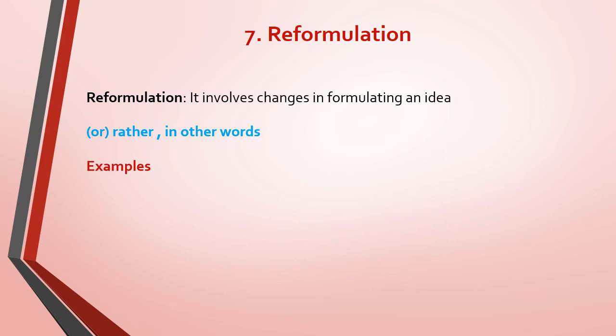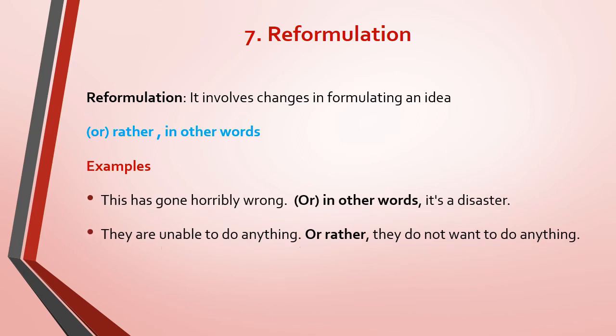Here are some examples. This has gone horribly wrong. Or in other words, it's a disaster. Here the writer means, or it's better to say, it's a disaster. Or using other words, it's a disaster, but the expressions that I have used are not conjuncts. The known conjuncts are the ones which are listed here.